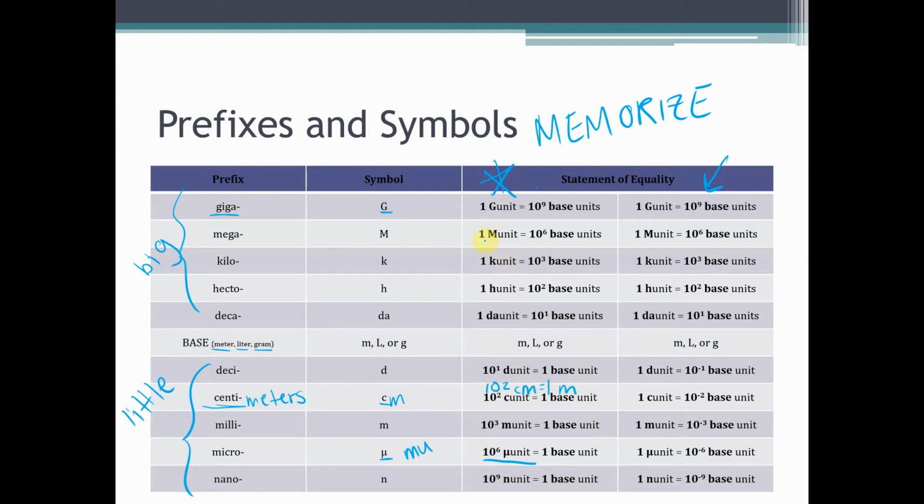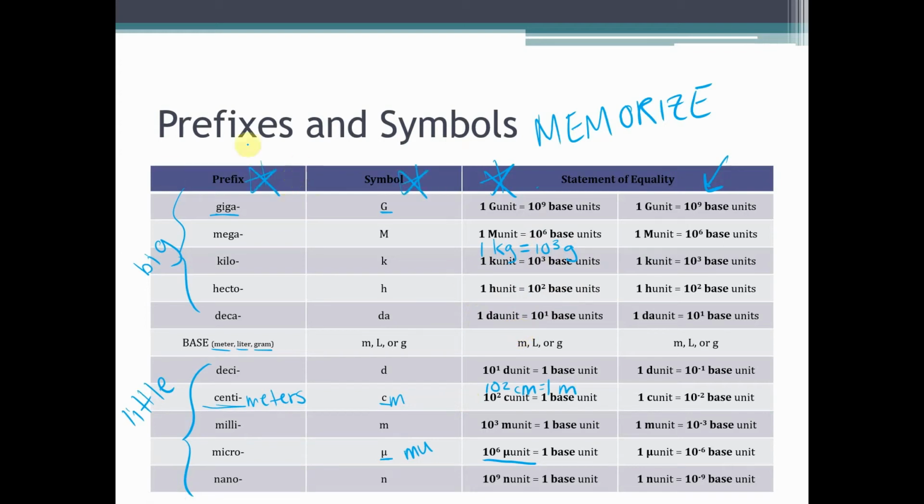Or we could say there is 1 kilogram for every 10 to the third grams. Pretty much anywhere you see unit or base unit, you can replace it with meter, liter, or gram, and it's going to give you a statement of equality, which we can then use as conversion factors.